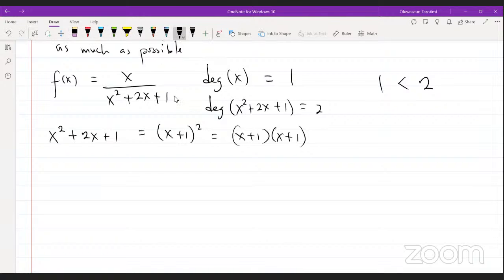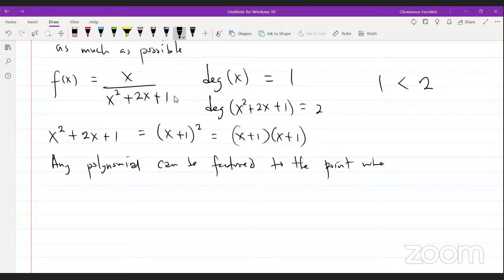Now, I also need to mention, guys, that any polynomial can actually be factored to the point where every factor is one of two things.